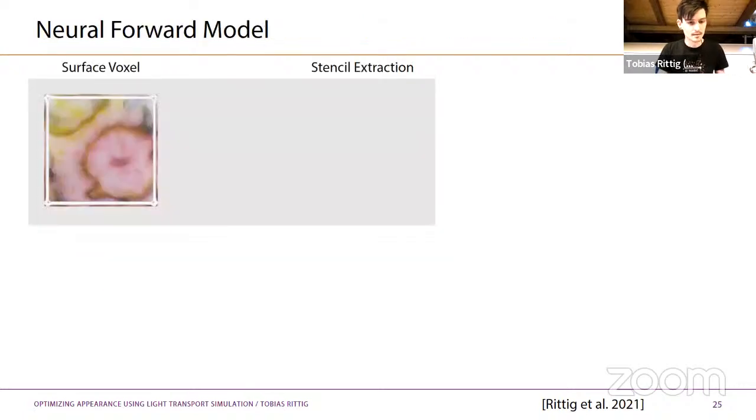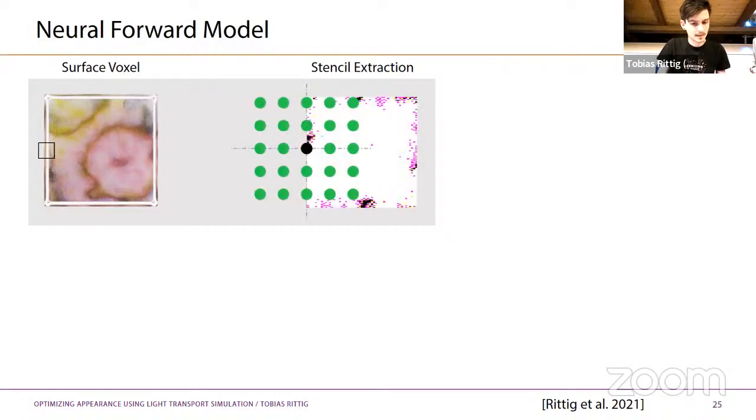And the way this neural network works is that instead of shooting any rays, like we did in the Monte Carlo simulation, we are trying to predict the surface appearance for each surface voxel with the network. And we do this by picking one surface point. And then for this surface point, the black point in the center there, we want to predict the surface appearance.